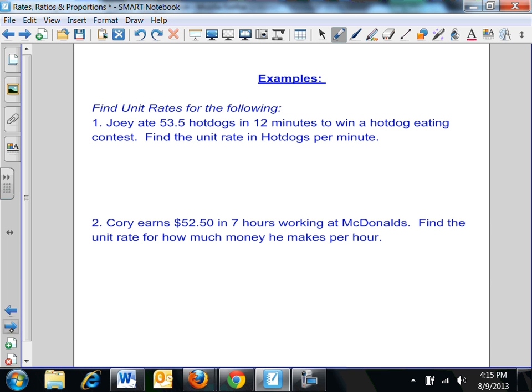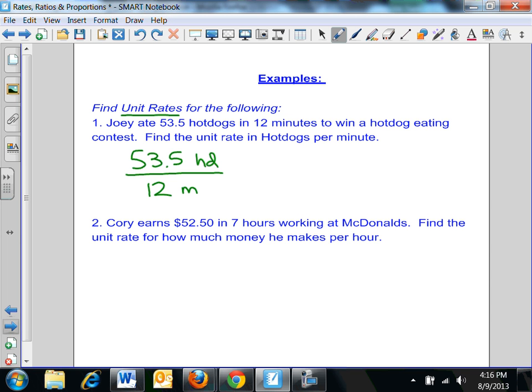Unit rates are very easy. We just start by putting 53.5. I'm going to put HD for hot dogs over 12 M for minutes. And the easiest way to find a unit rate is just to take the top number and divide it by the bottom number. So here I'm going to do 53.5 divided by 12 and see what I get.